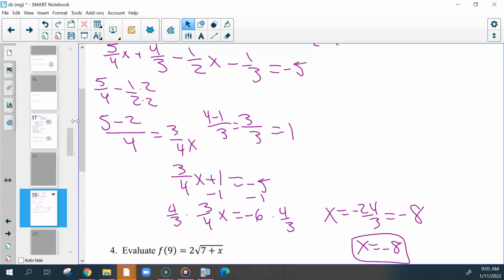So today is the 11th, and we're gonna do solving systems by graphing. On the 13th is going to be solving systems by substitution. On the 18th, because of Martin Luther King Day, is going to be solving systems by elimination.